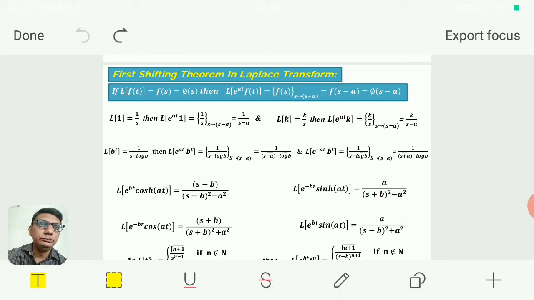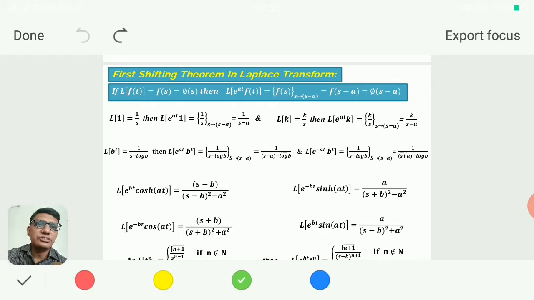Now Laplace of e raised to minus bt into cos at is s plus b upon s plus b whole square plus a square, because we know that Laplace of cos at is s upon s square plus a square, and cos at is multiplied with e raised to minus bt, so we replace s by s plus b everywhere.